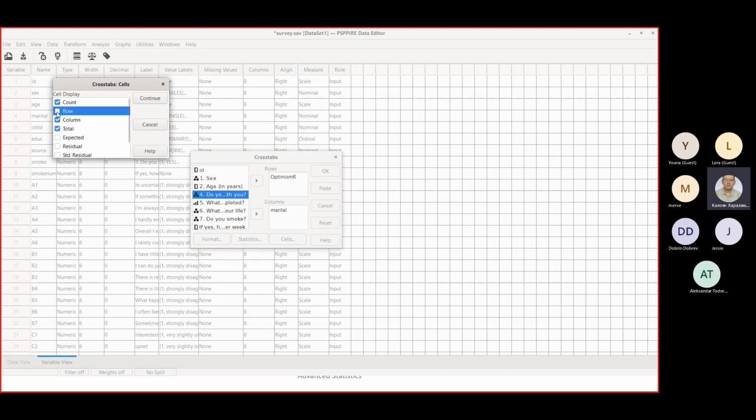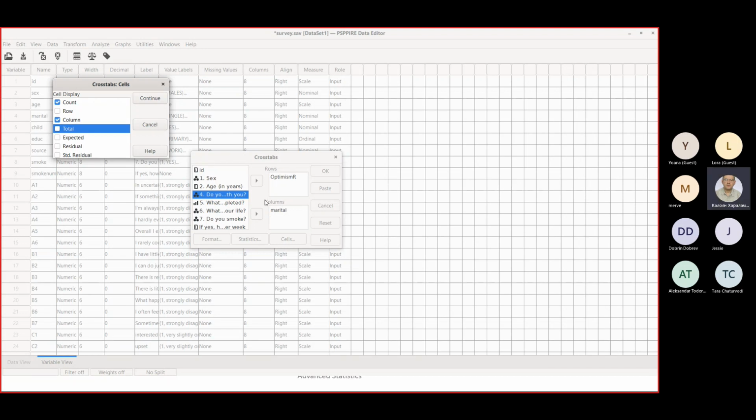I will uncheck row and I will uncheck total, because the better choice is to check this option here, which corresponds to the independent variable.